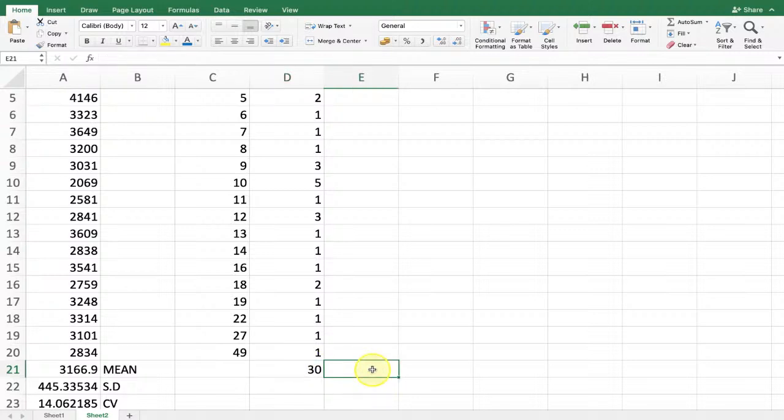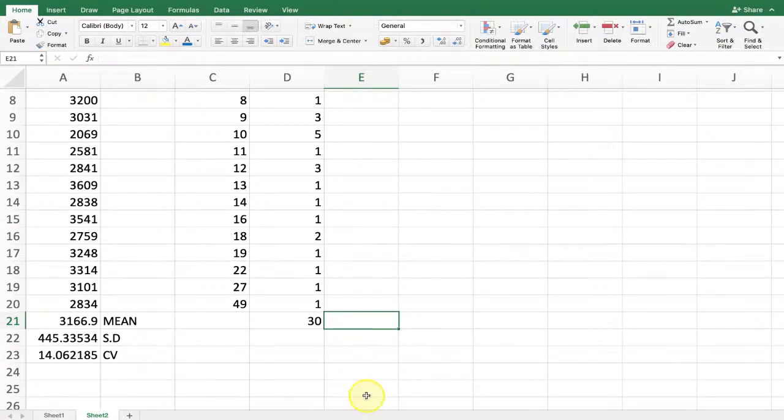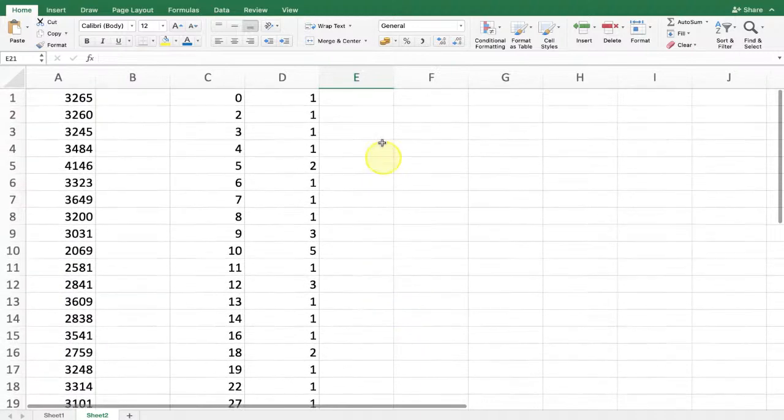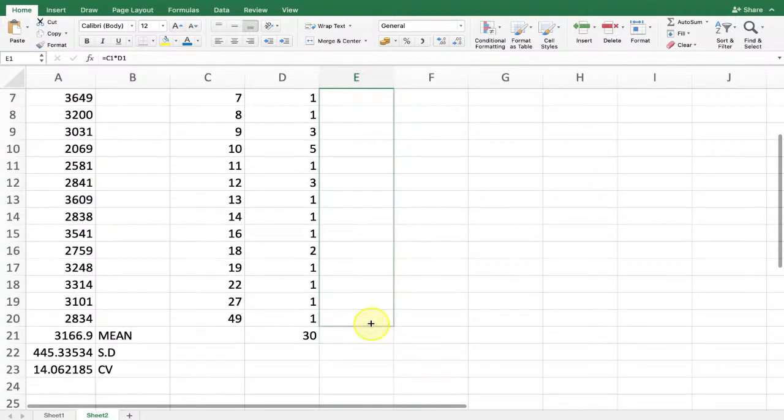Since the data is presented in a frequency distribution, we first multiply the length of stay by the frequency, meaning multiply column C by column D. Drag this down so the formula applies to the succeeding rows.